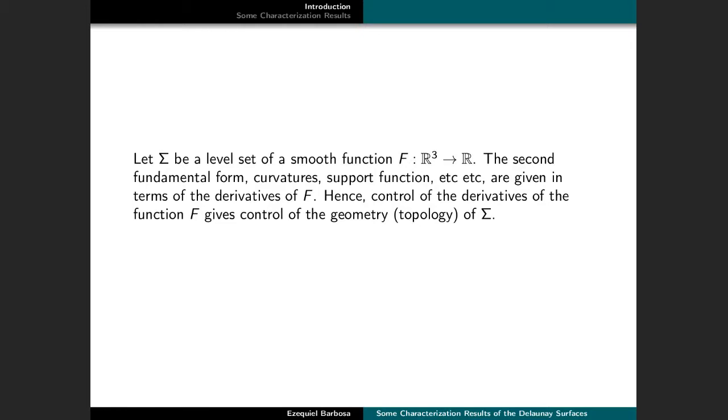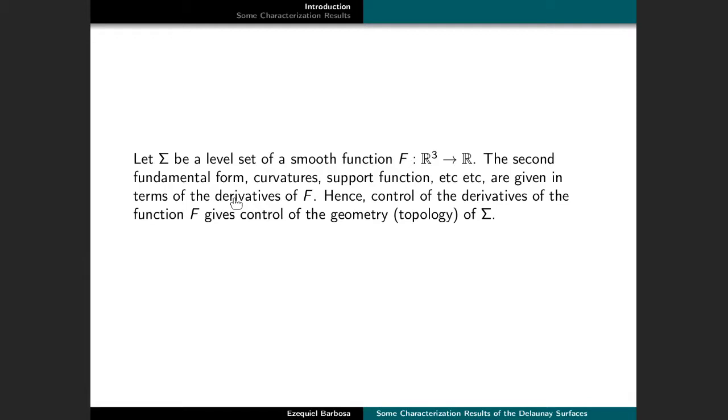But look, if you consider a level set of a smooth function, the second fundamental form, the mean curvature, the curvatures, the support function, are given by the derivatives of this function f. So if you have a control of the derivatives of this function f, you will have controls on the geometry of the surface, the level set sigma.